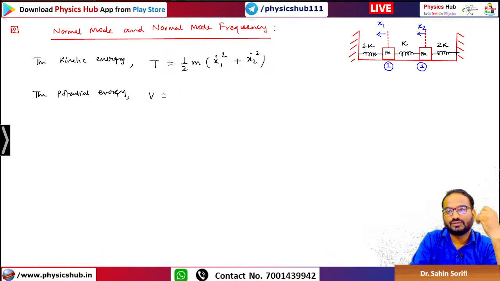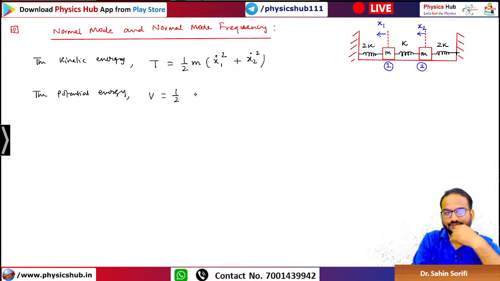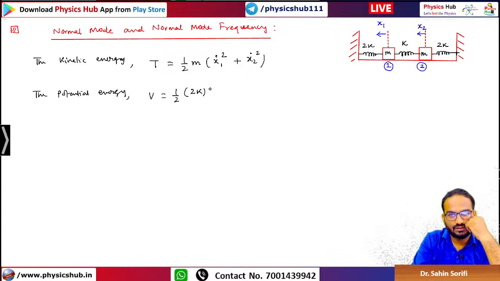Firstly, the formula for a spring's potential energy is half k x square. So for this spring, half into 2k, and the corresponding displacement is x1, so x1 square.